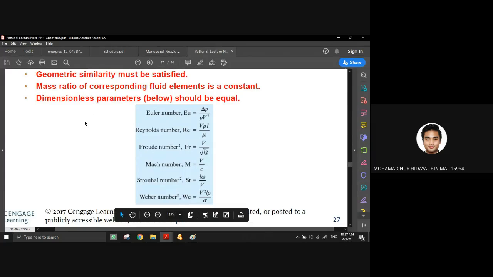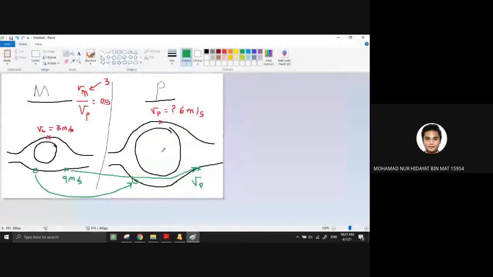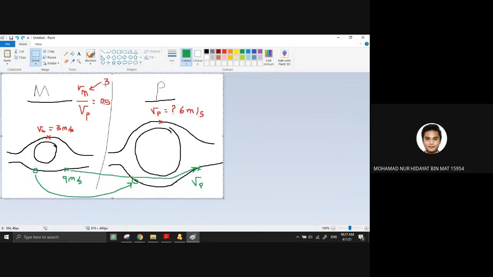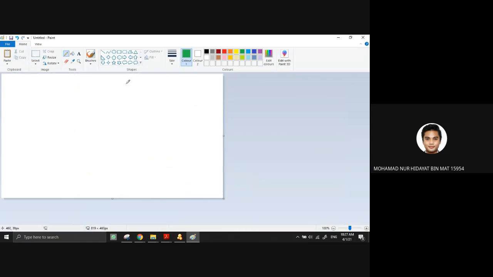So what it means here is, this is the model, this is the prototype.